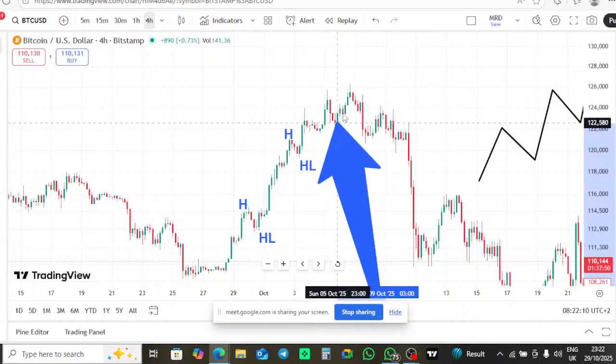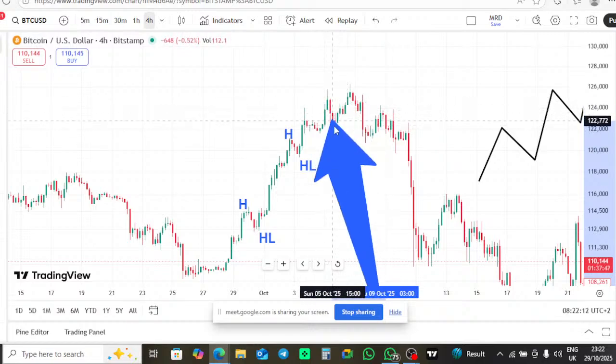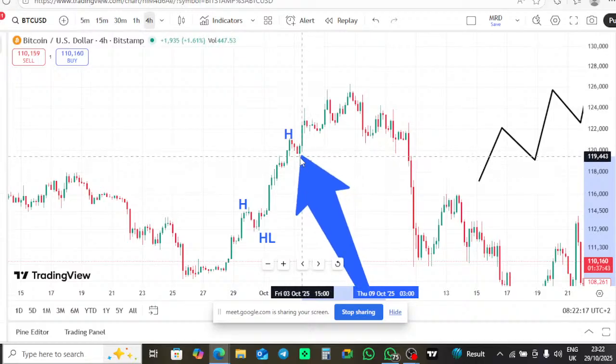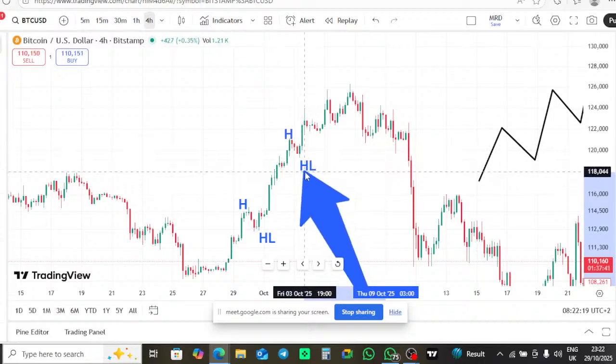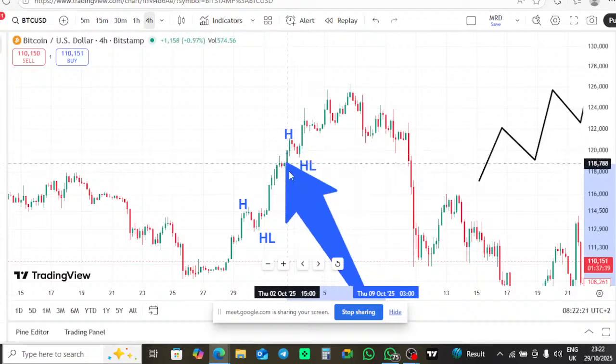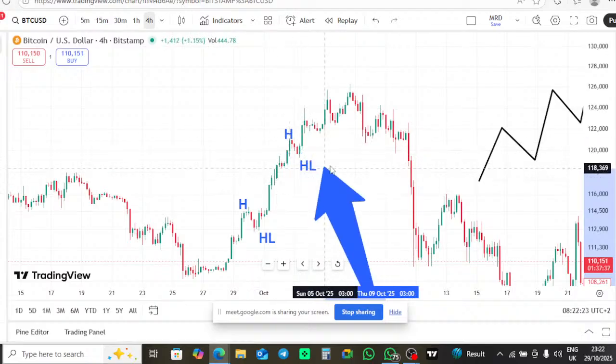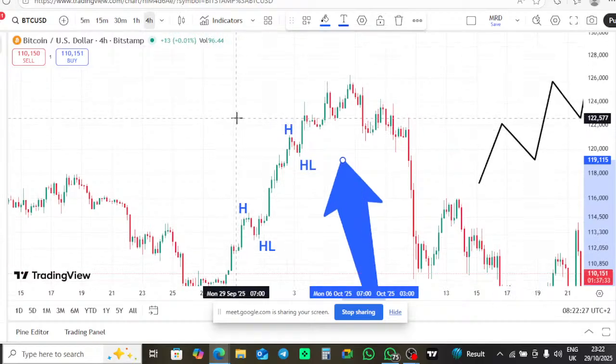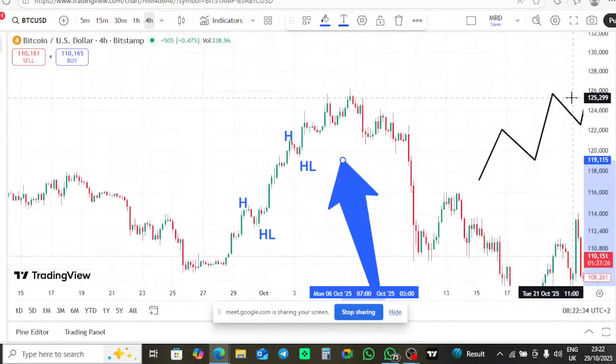it breaks the structure. By breaking the structure, the market will break the last higher low. That is what we call the change of character. If we talk about change of character, what do we mean? This is what we mean.